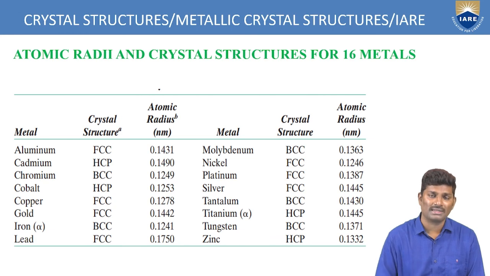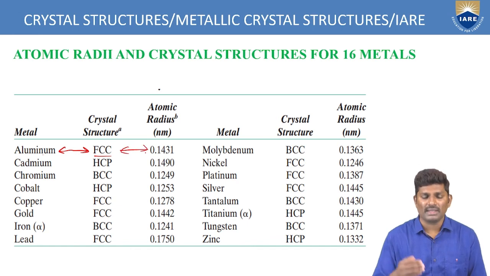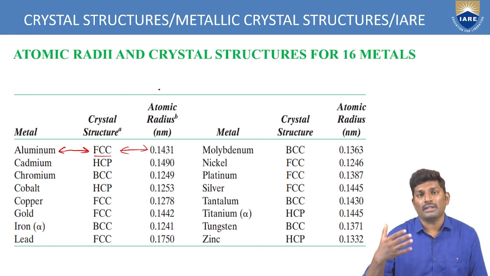If you want to select a metal for an application related to aluminum, it has an FCC structure, and its atomic radius value is 0.143. Different materials will have different crystal structures.